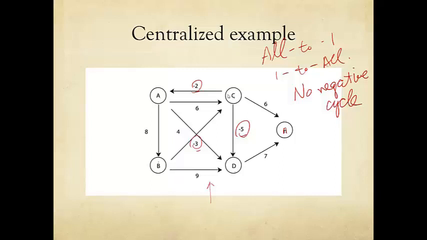So for example, C to A to B to C, that's a cycle, right? It's a concatenation of 3 links, and then you end up where you started. And the total cycle weight is -2 plus 8 plus 4, which gives you 10, a positive number. So as long as you don't have a cycle with total negative weight, then it's okay.